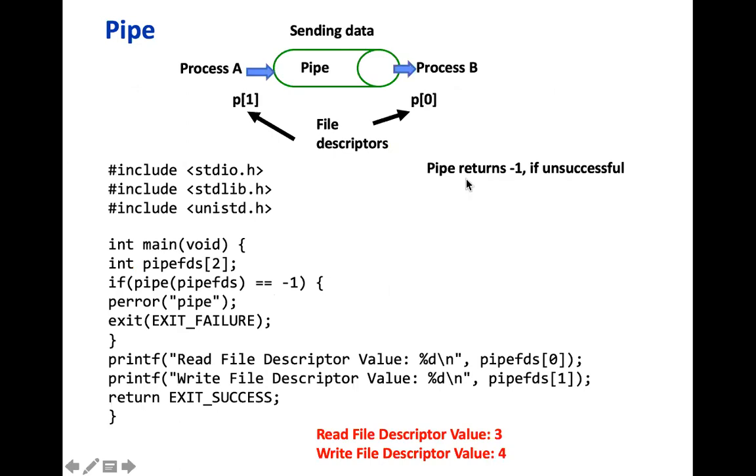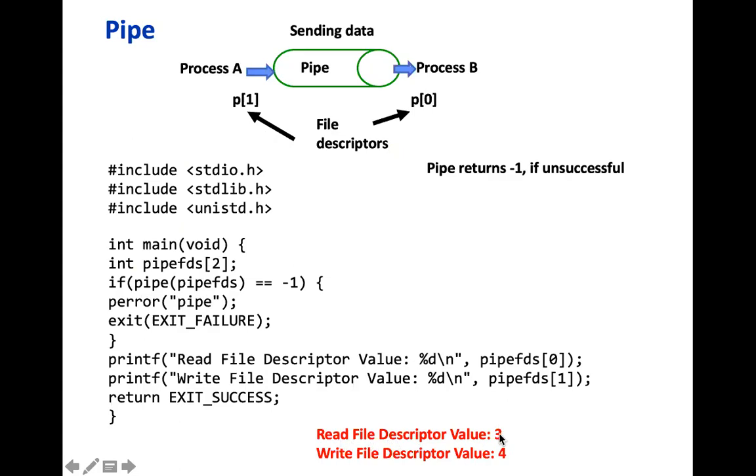When the pipe system call is executed, we get 2 file descriptors, P0 and P1, which are usually values of 3 and 4. When you run this program where you are just opening a pipe with an array, we'll get 2 values in the array.